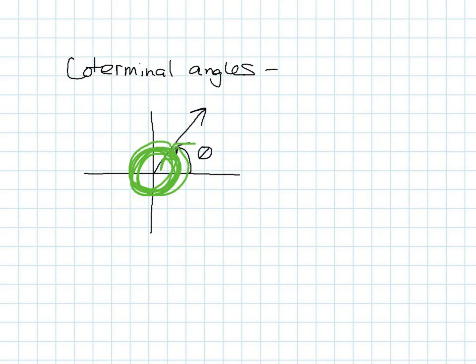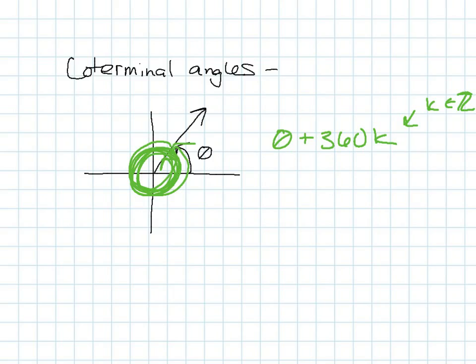So if I wanted to find one, I could take my theta and add 360 however many times I wanted to. I could do that for a value of k, so let k be an integer, any integer that you want. Like we could say, I want to go around the circle 3 times.